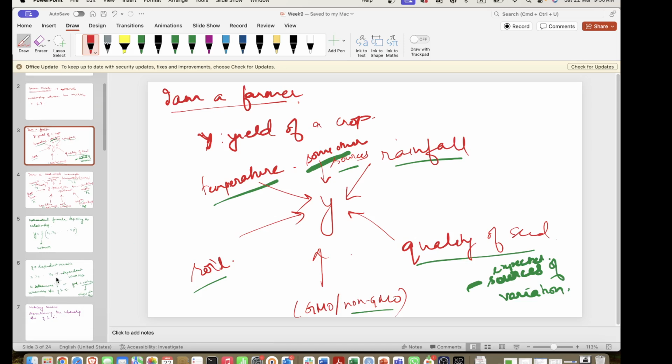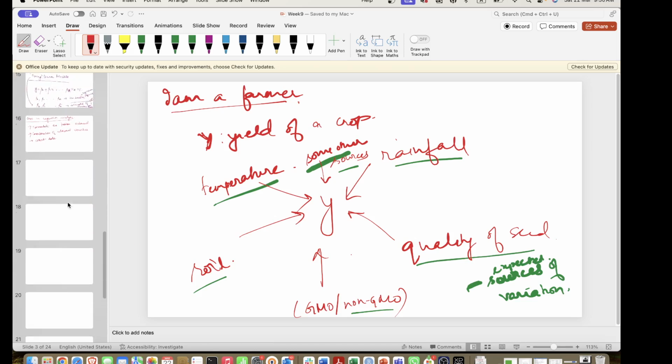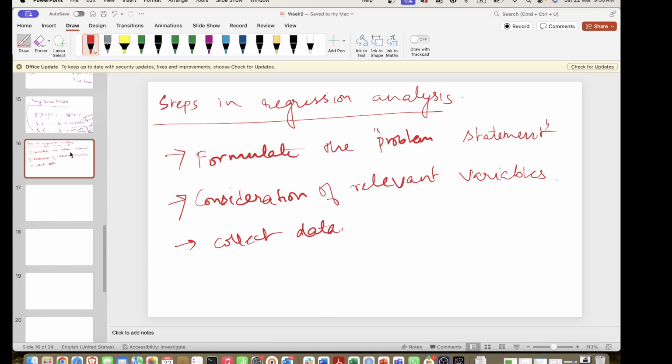Because I have limited resources with respect to time and cost, I should collect data of the relevant variables given my constraints. Okay, so it is very good to have nice data of certain exotic variables or something like that.